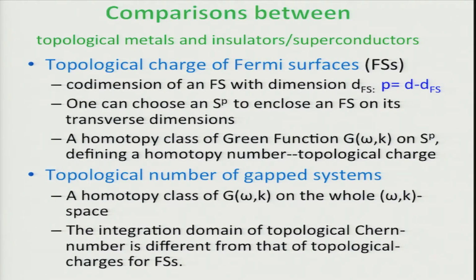Here we choose any kind of sphere with p dimension to include this Fermi surface, or you call it the singularity, around the transverse dimension. Then you are able to get the so-called topological charge. Of course, all of them belong to the homotopy class. So essentially, they are one thing for the two phases. Actually, you can find from algebraic topological theory that they are almost the same thing for some systems, not for all systems. For interacting systems and some others, they are not. I may give you some examples.